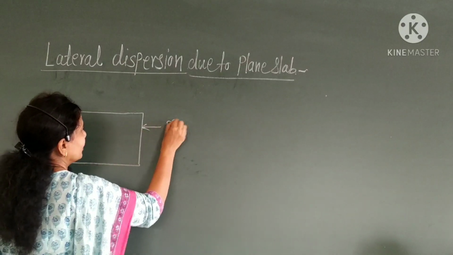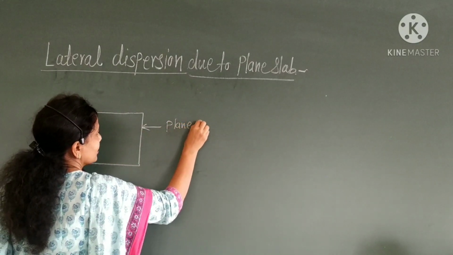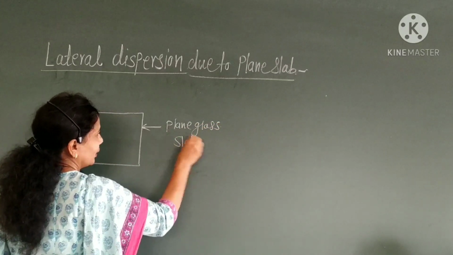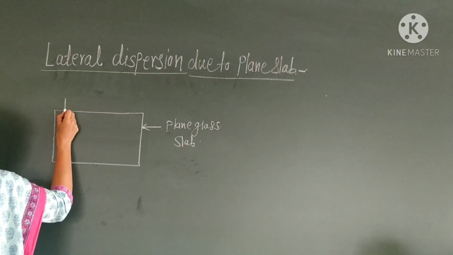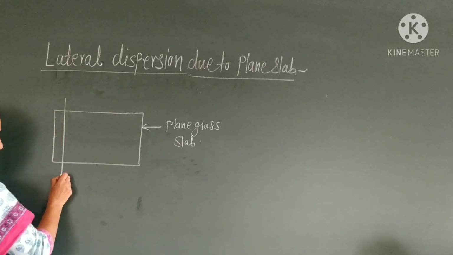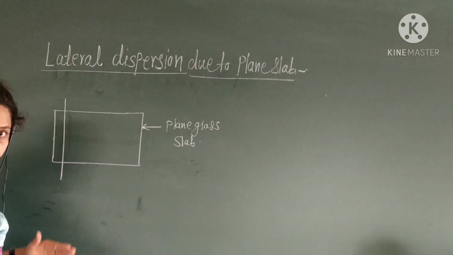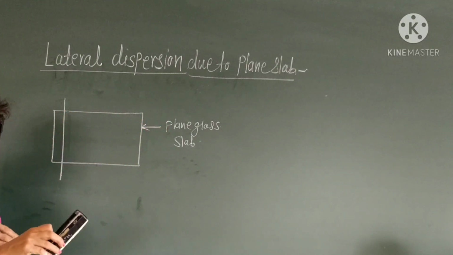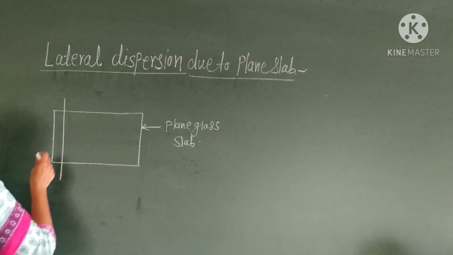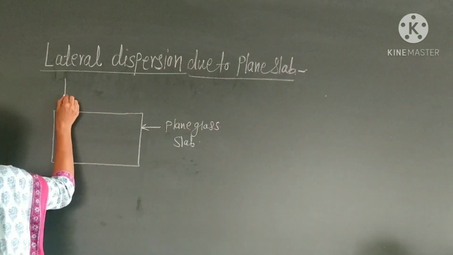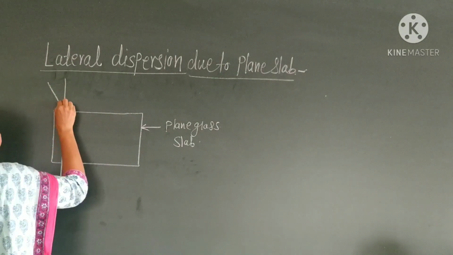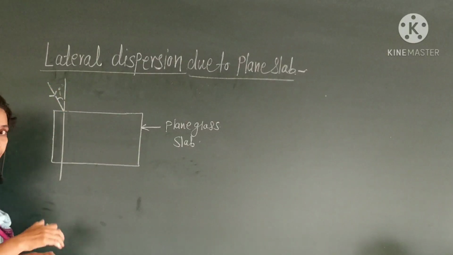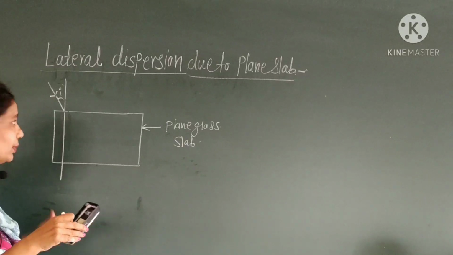This is a plain glass slab. Okay. Now, this is the normal to the refracting surface of the plain glass slab. Okay. Now, this is the incident ray making an angle i. i is the angle of incidence.